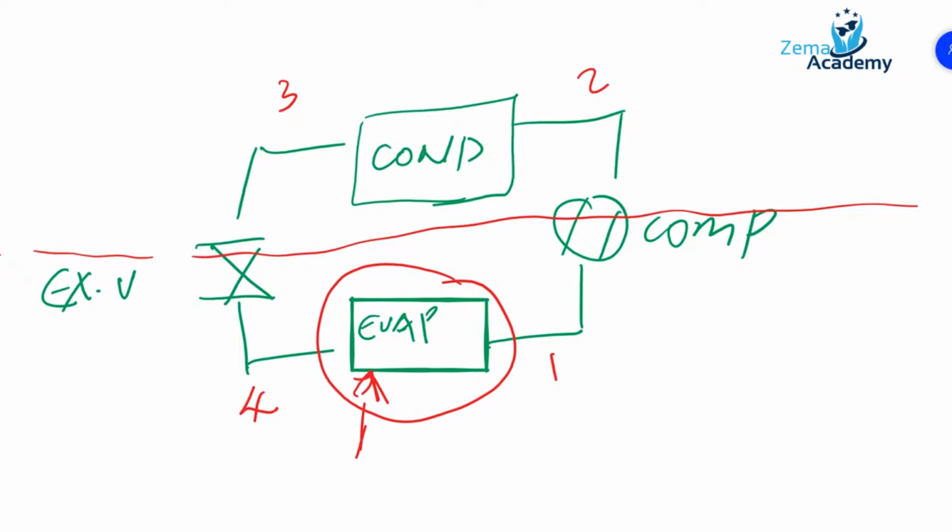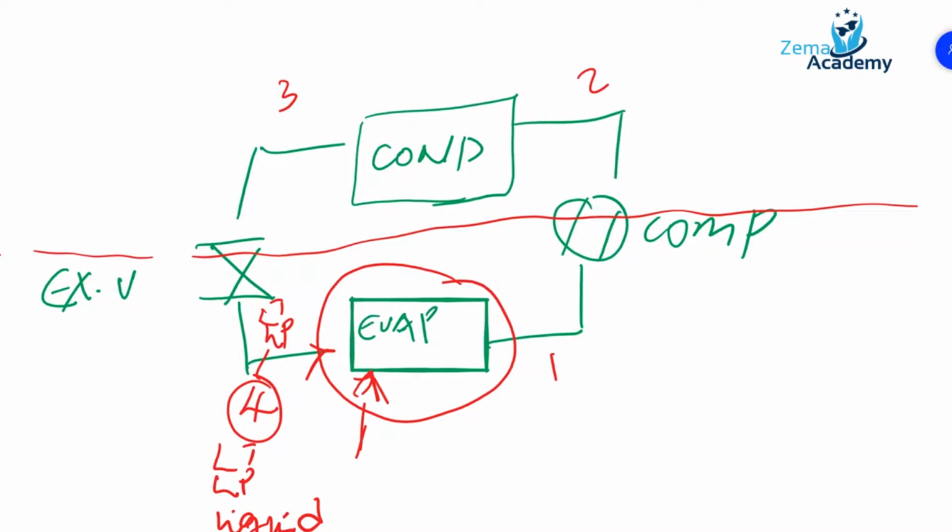At point number 4, what we start with is a low temperature and low pressure liquid, and that is what goes into the evaporator. As it travels through the heat exchanger, the refrigerant boils. The advantage of using a refrigerant is that it boils at a very, very low temperature.